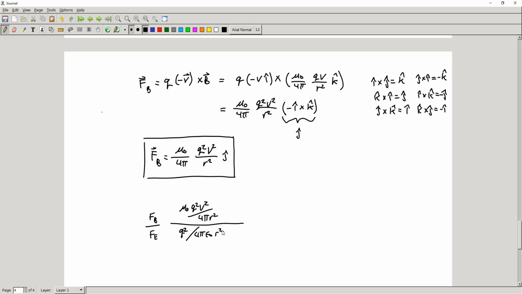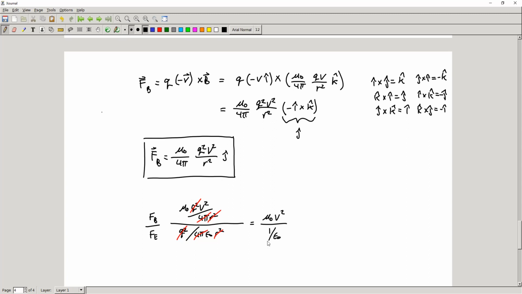Okay, so we can clean this up a bunch. We can see that these q's go, these 4 pi's go, these r squareds go, and we're left with mu naught v squared over 1 over epsilon naught.